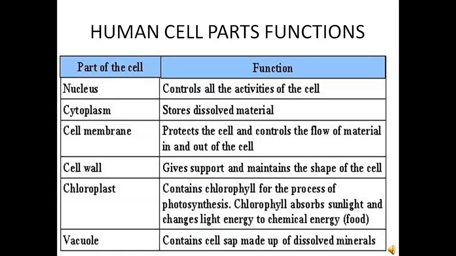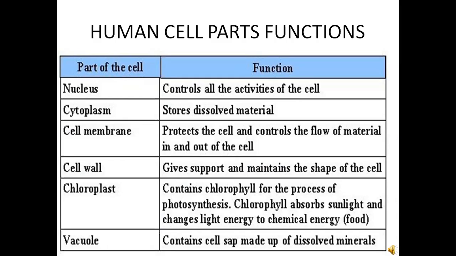Human cell parts and functions. Parts of the cell are nucleus, cytoplasm, cell membrane, cell wall, chloroplast, vacuole. Here, cell wall and chloroplast are present in plant cell. Let us see the functions now.